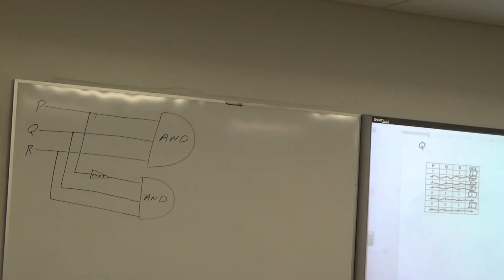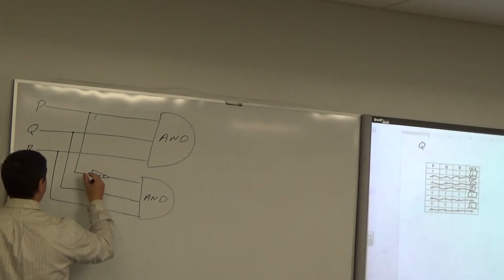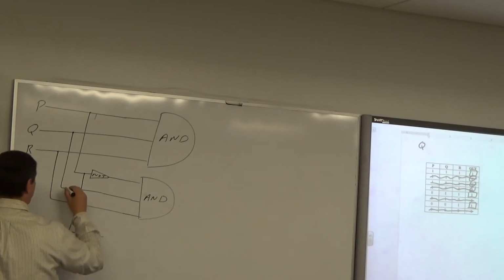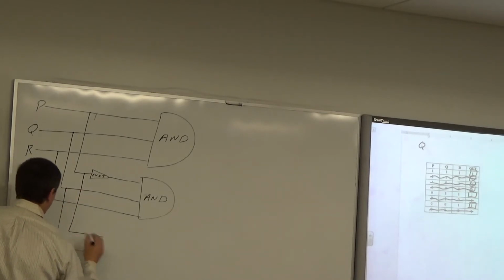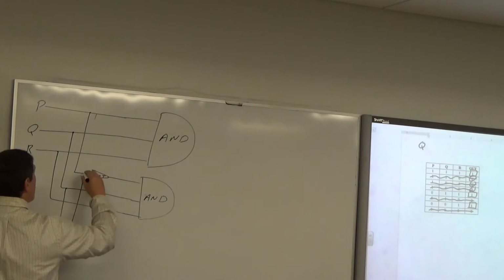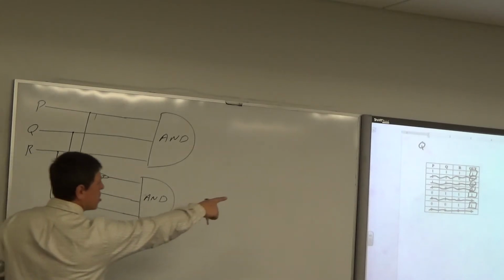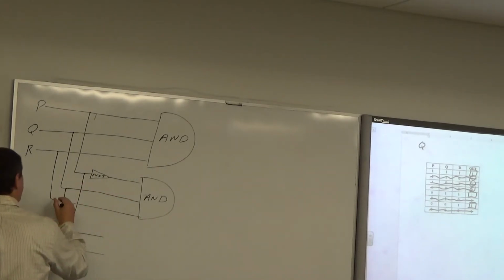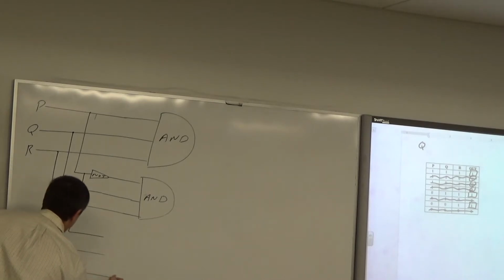And then finally, I've noticed the last row with the recognizer has 0, 0, 1. There are 2 ways I can do this. I could branch directly off the P, or, if I wanted to, I could put this after the NOT because the P is false. I'm just doing it as basic as I can.